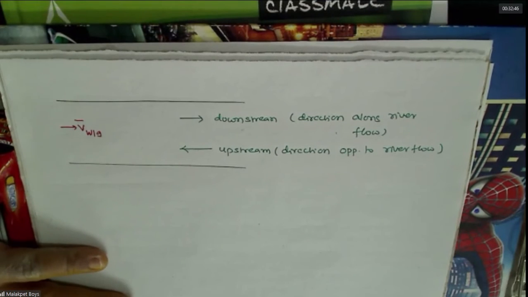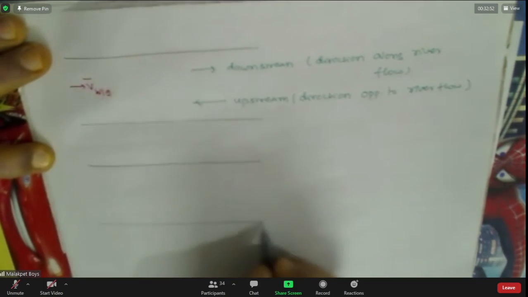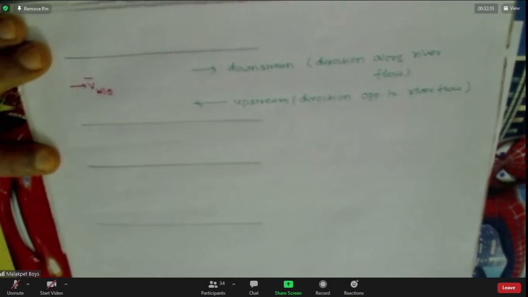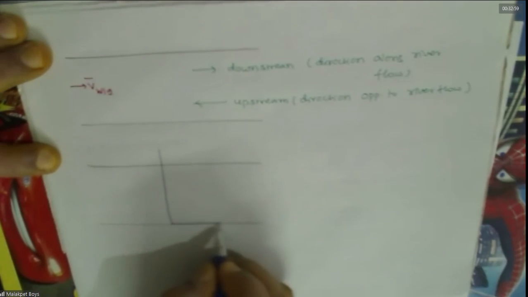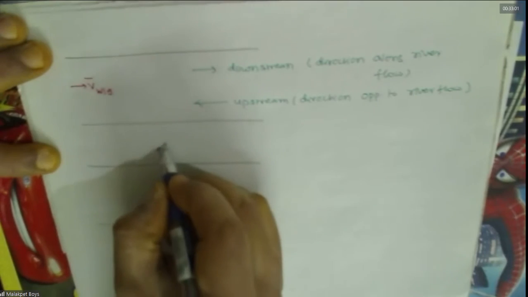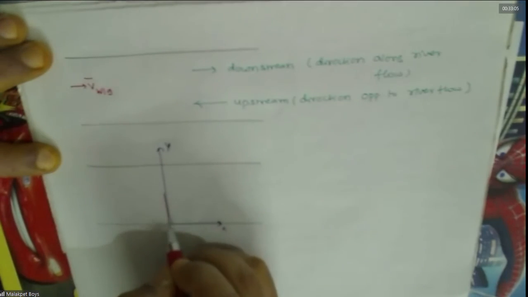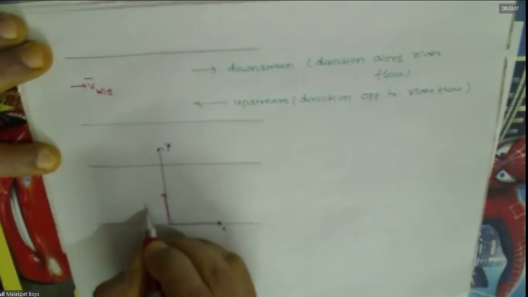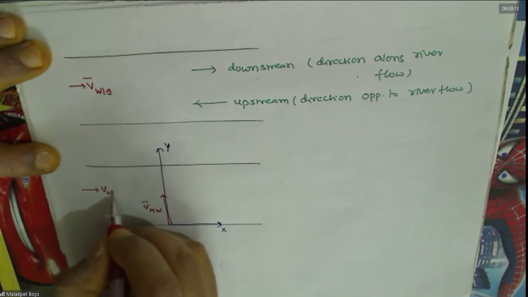Okay, now you can see when this person tries to cross the river in minimum time, just now we have seen that for that, he has to swim like this. This is nothing but velocity of man with respect to water. However, there is another velocity.